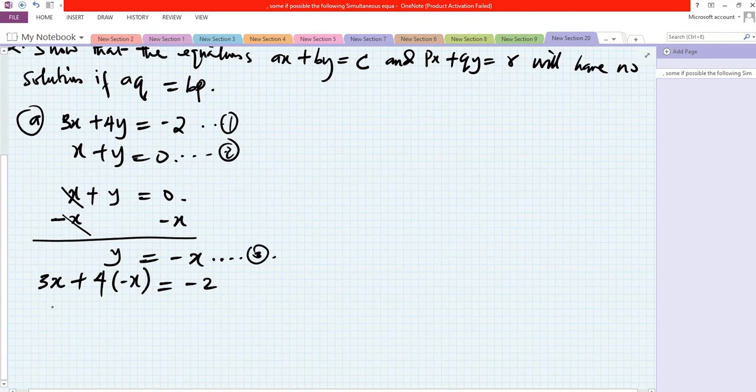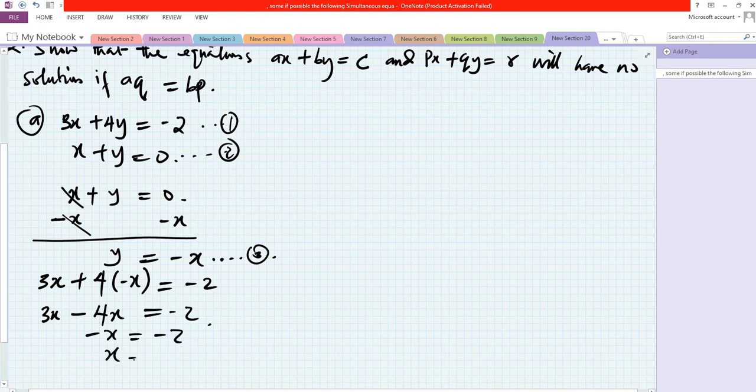We have 3x minus 4x, because 4 times minus x will give you minus 4x, equal to minus 2. So 3x minus 4x will give you minus x, which is equal to minus 2.